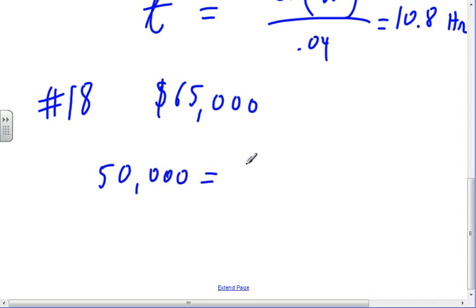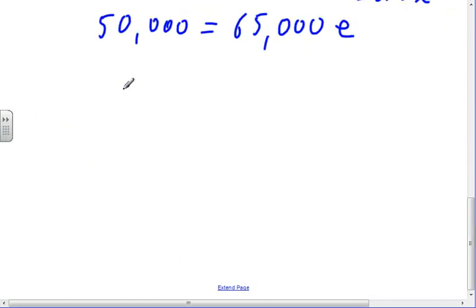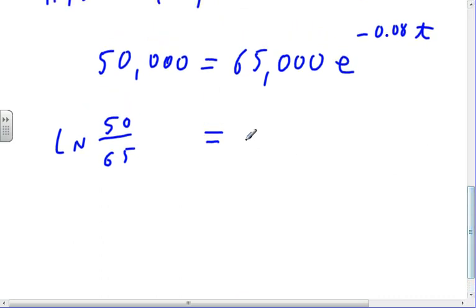Okay, so 50,000 is equal to 65,000 e to the minus rate. What's the rate? 8%, 0.08 t. That's what the problem's trying to tell us. All right, so I got 50 divided by 65. Natural log of that is, I'm skipping a whole lot of steps here, minus 0.08 t.